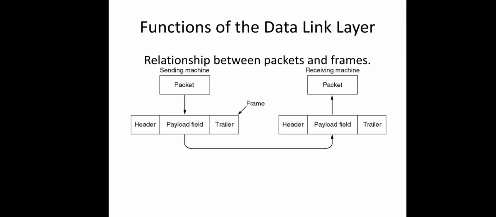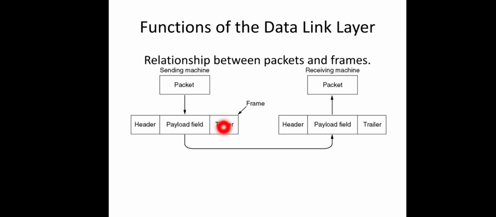There is a physical connection between these two. It can be either wireless media or wired media. Whatever the media may be, the packet is transferred from one node in a reliable and efficient way to the network layer of the next node, the neighboring node. That is the functionality of this data link layer. So the data link layer receives a packet from the network layer of one machine and attaches a header part and a trailer part.